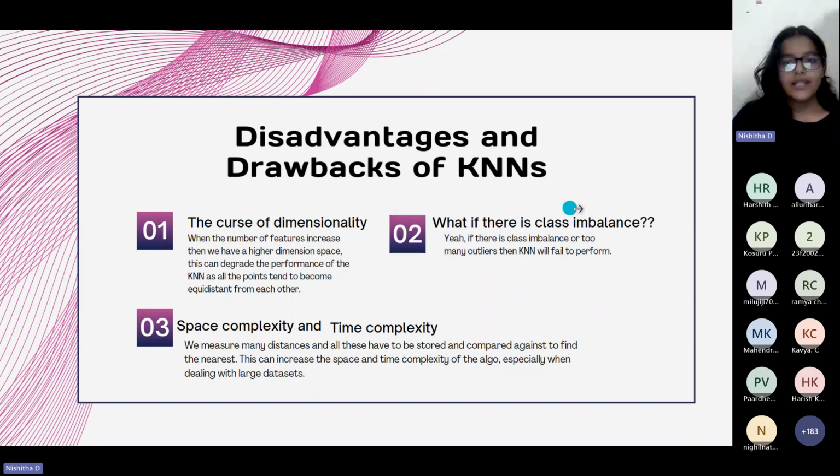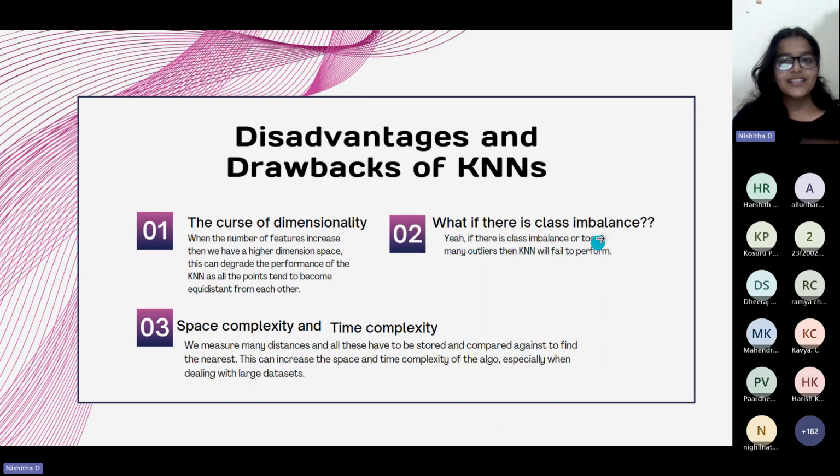Next, we have class imbalance. This is very important. I showed you examples of the square and the triangle, right? What if a large number of data points belong to class A and very few belong to class B? Then, as this algorithm uses the majority, there is a chance that it will mostly predict the test data point to lie in class A, the majority class.